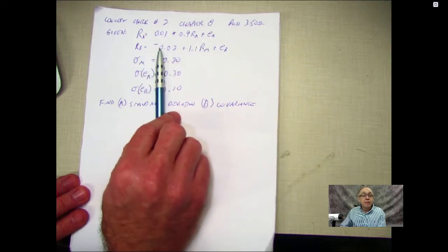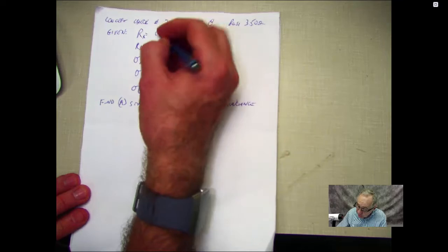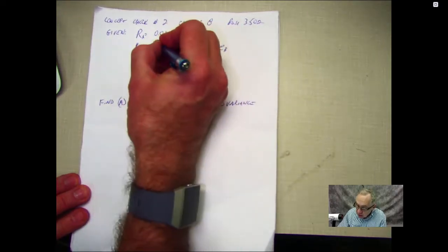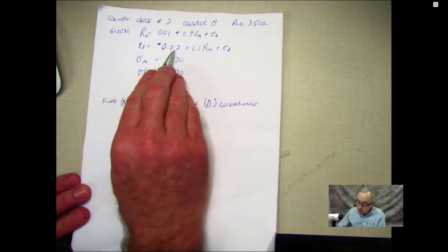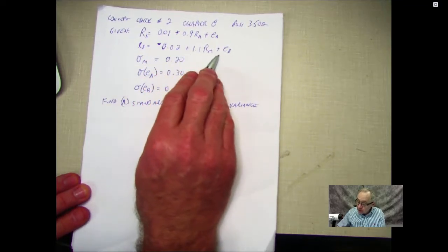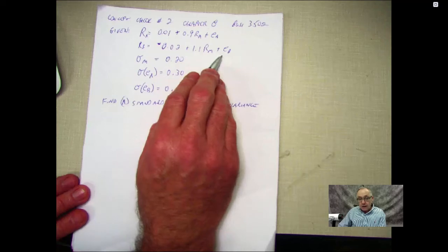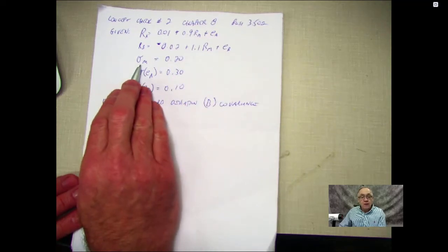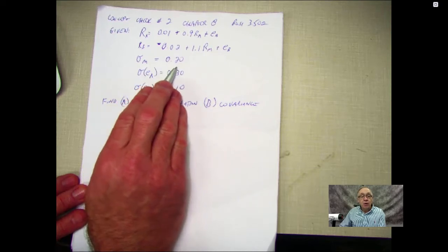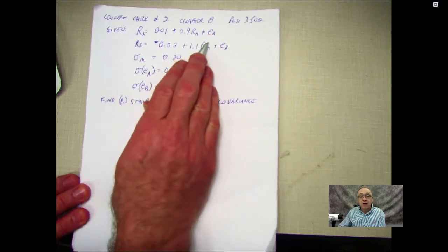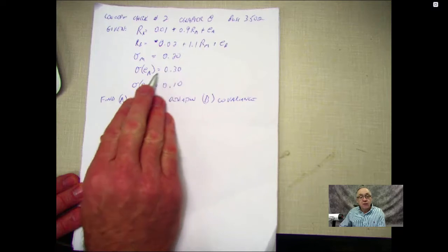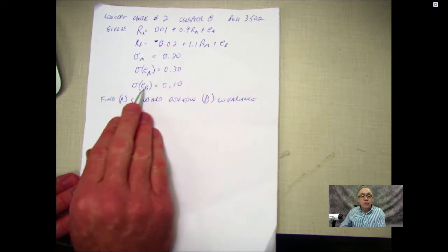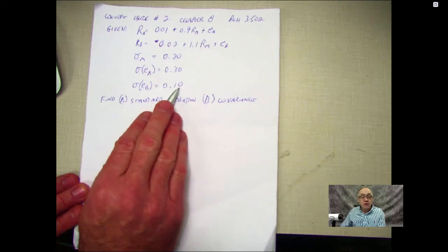For stock B, it's minus 0.02 plus 1.1 times market return plus the variability of the actual company. For standard deviation of the market, 0.2. Standard deviation of our error for the company, or its own variability: for stock A it's 0.3, for stock B, 0.10.